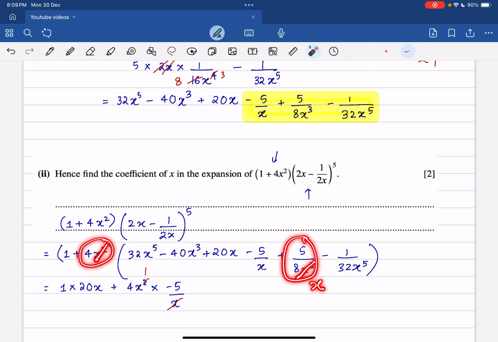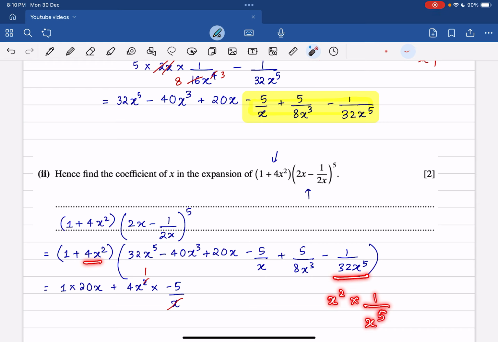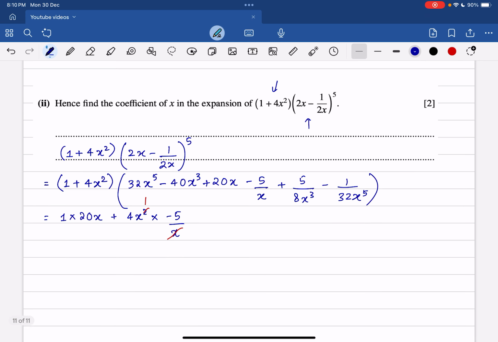You will be left with x in the denominator. You don't want it in the denominator, you want it in the numerator. Furthermore, if you multiply this with this, the x squared in the numerator and x raised to 5 in the denominator, you will be left with 1 by x cubed. Again, which is not what you intend to have. So there's no more multiplication left, which is why this is going to be our ultimate thing.